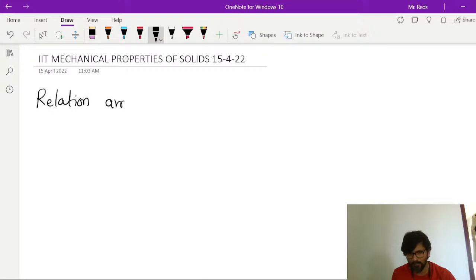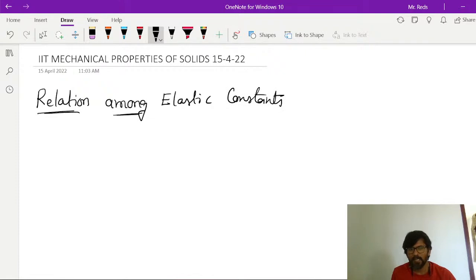Relation among elastic constants. Elastic constants means Young's modulus is an elastic constant, bulk modulus is an elastic constant, rigidity modulus, Poisson's ratio, we call them elastic constants. So let us see the relation among these.